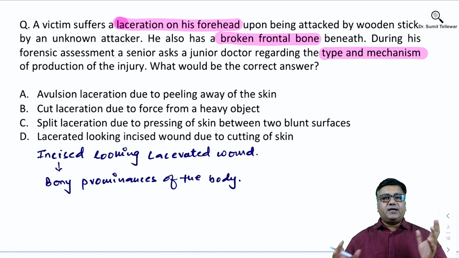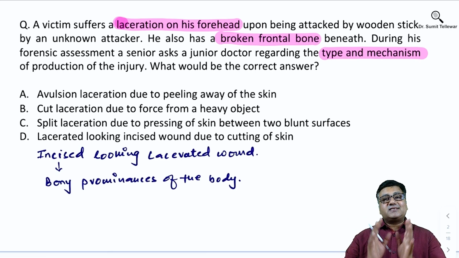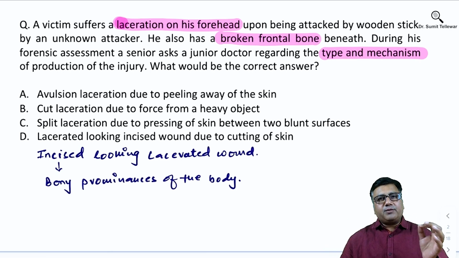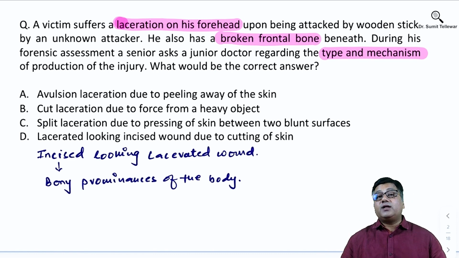So if a person is hit by a blunt weapon on a bony prominence of the body and that skin lacerates, upon primary inspection, it looks to be an incised wound. These are called as incised looking lacerated wound.